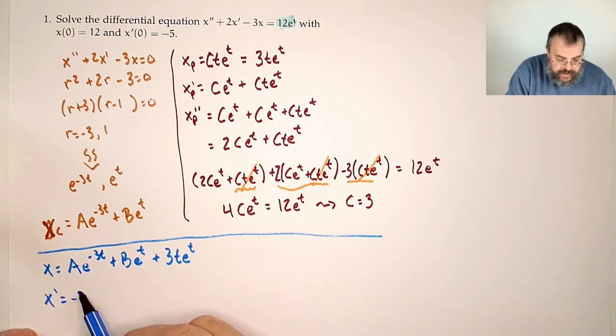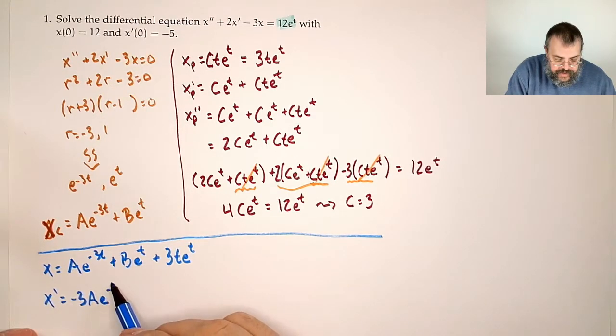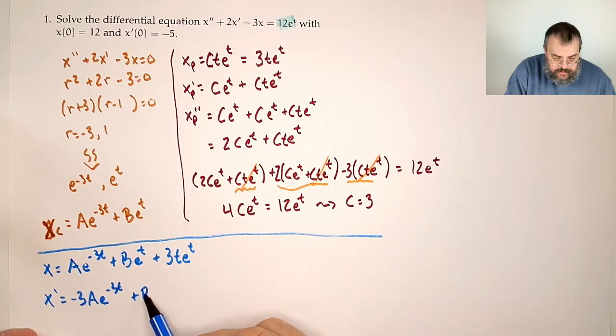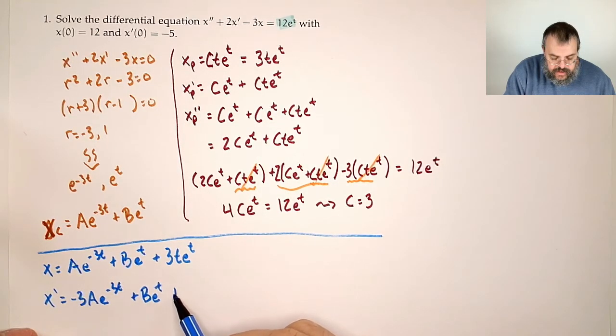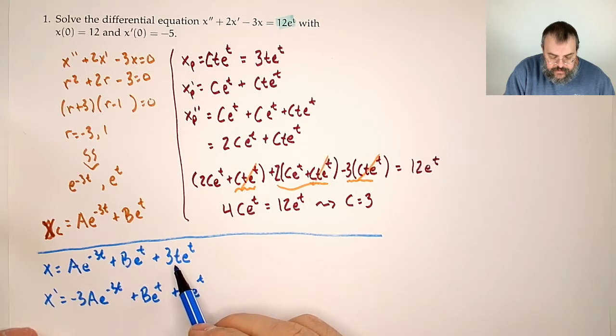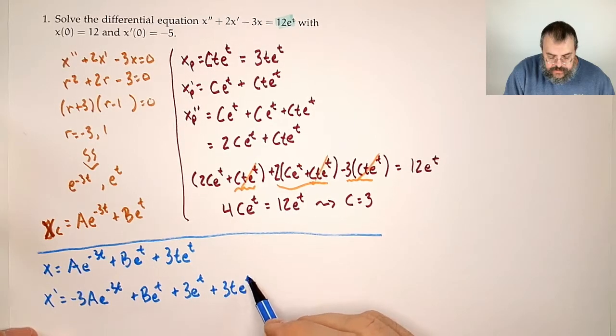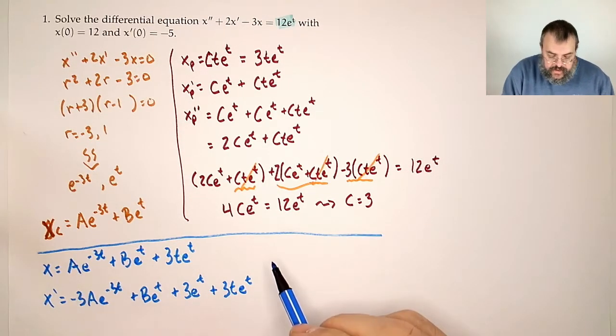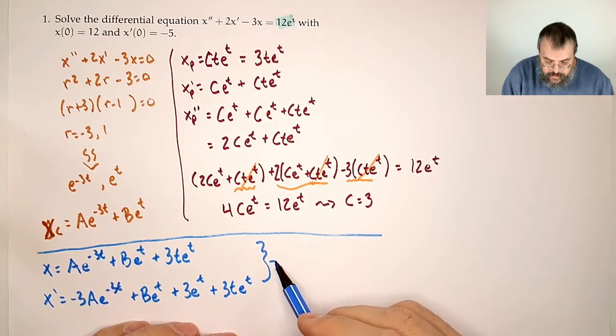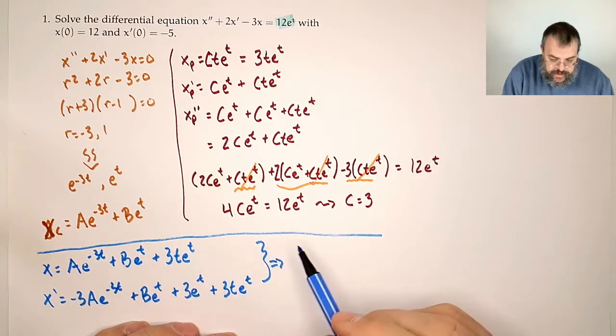X prime is minus 3a e to the minus 3t, b e to the t, and here we'll have 3 e to the t, the derivative of the first times the second, plus the first times the derivative of the second. All right, well, plug in 0.